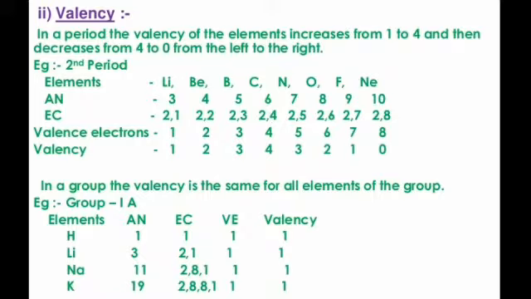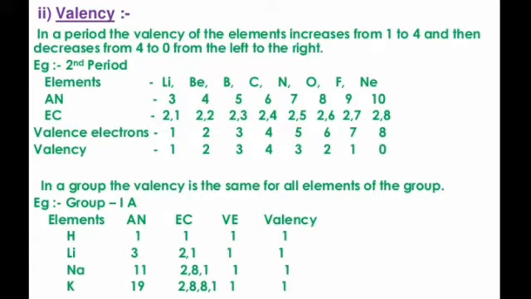The second property is valency. What is valency? It is the tendency of an element to combine with other atoms by sharing its valence electrons. Along a period, the valency of the elements increases from 1 to 4 and then decreases from 4 to 0 from left to right.